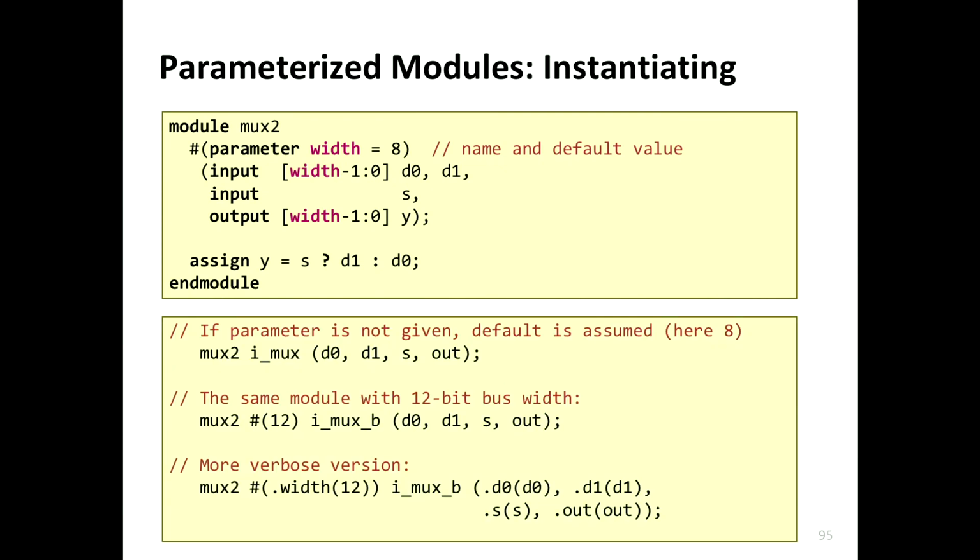If a parameter is not given, so if you're not passing any parameter and you do the standard instantiation of module, module name, and input-output signals, then it automatically takes the value of 8 for the width. And if you pass it like hash 12, then width takes the value of 12, and you are realizing a 12-bit input D0, 12-bit input D1, and so on. And of course, there is a more verbose version of it. You would not be using this very often, but it's good to know.